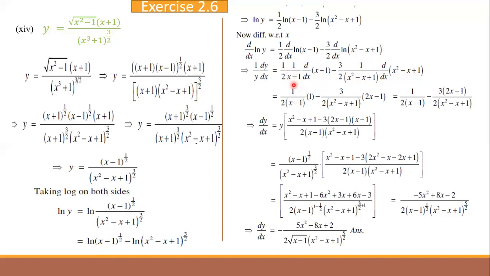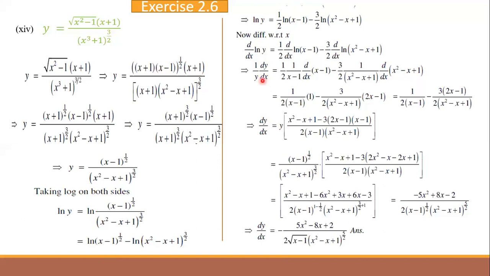This is 1 over 2 times x minus 1, and in this term the derivative of x is 1 and the derivative of 1 is 0, minus 3 by 2 times x square minus x plus 1 as it is, and the derivative of x square minus x plus 1 is 2x minus 1.